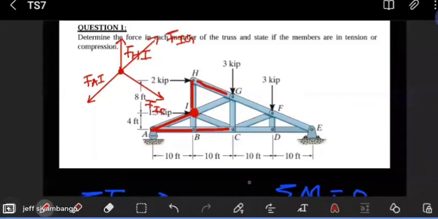Okay. So in the same way that we're able to get the other members, you can now sum forces for this structure in the X, come up with one equation that will have IG and IC as the only two unknowns, and then sum forces in the Y-axis as well. Then solve the two equations simultaneously.